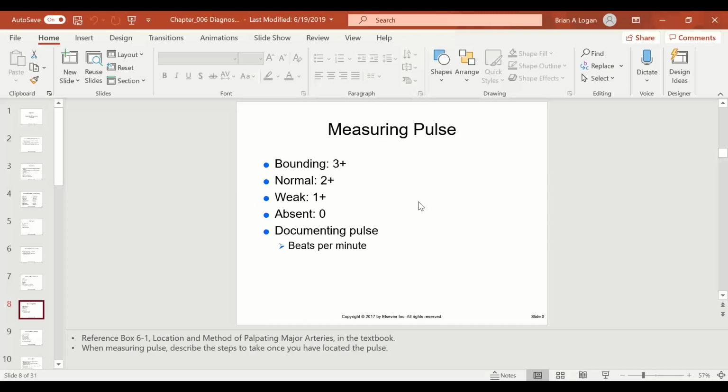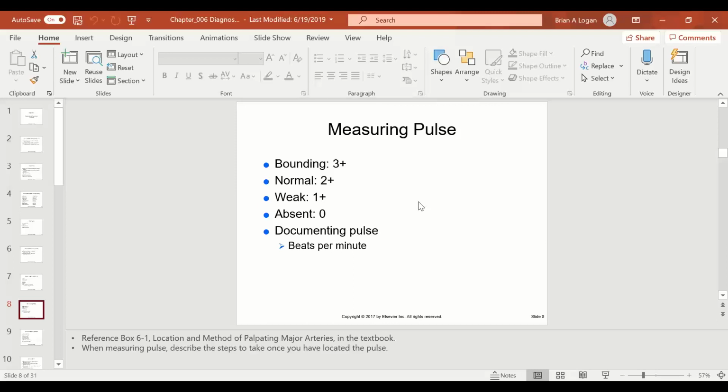And then when actually taking a pulse, what you do is with two fingers, typically your pointer and your middle finger. You never use your thumb to measure a pulse because your thumb has an artery in it. And sometimes if you're feeling theirs with your thumb, you're going to be feeling your own pulse as well. So that's why we usually use the pointer finger and the middle finger.